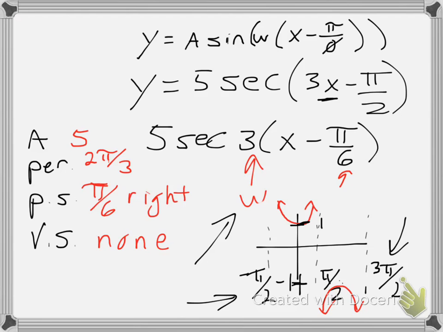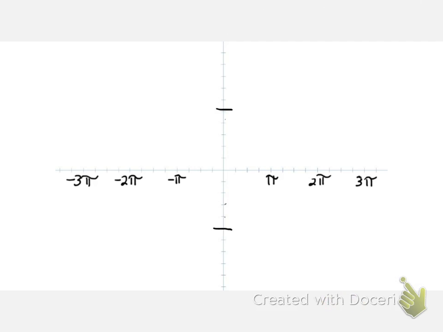For starters, negative pi over 2: since my period is divided by w of 3, so is this. That gives me negative pi over 6 as my modified asymptote.